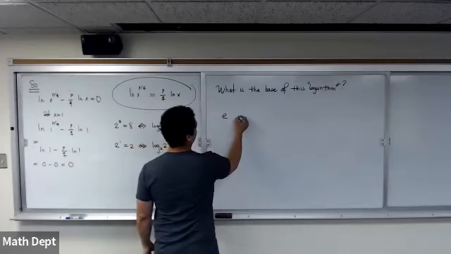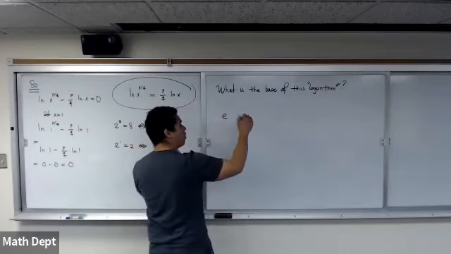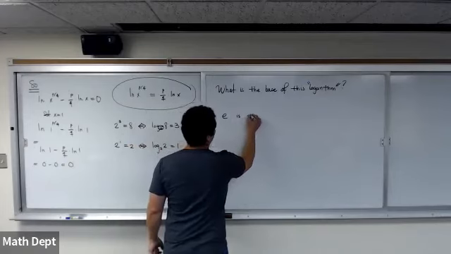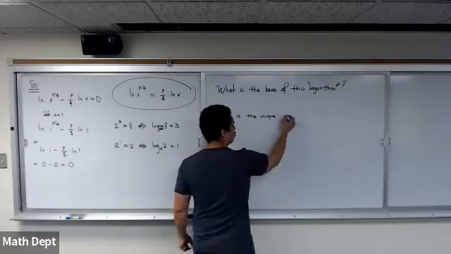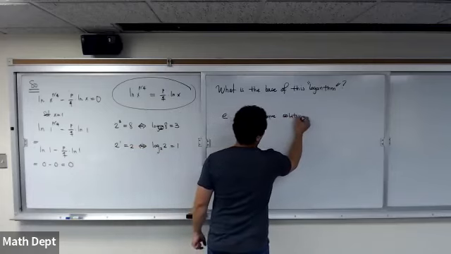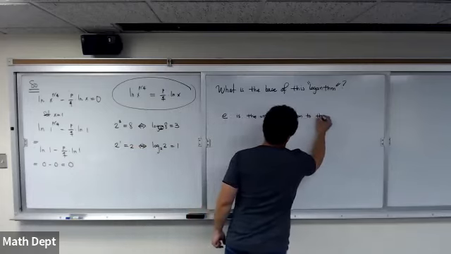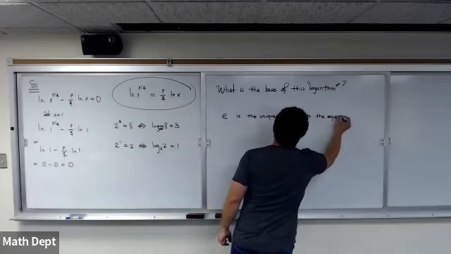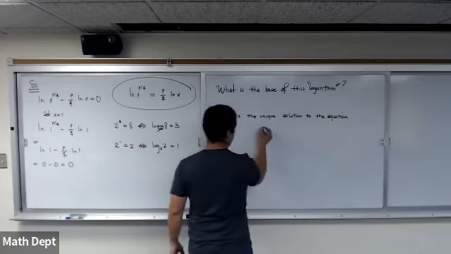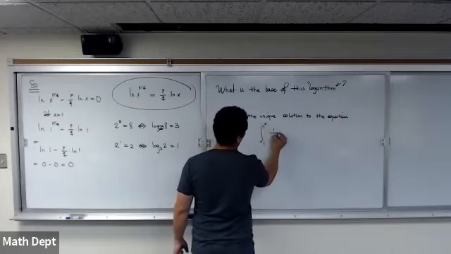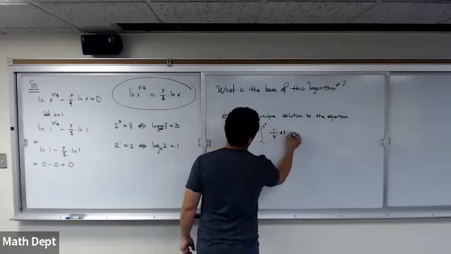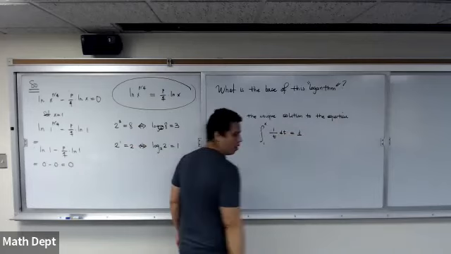E, the base of this logarithm function, is the unique solution to the equation integral from 1 to x of 1 over t dt equal to 1.